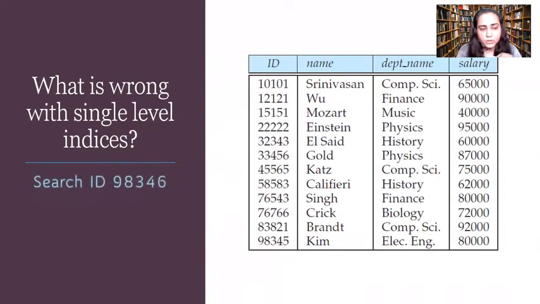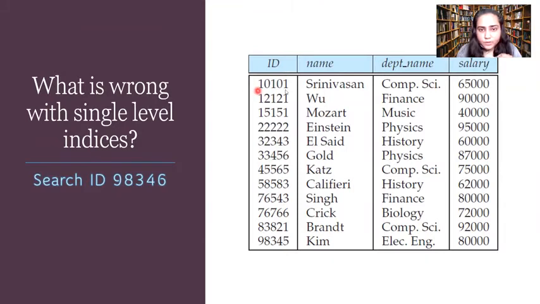But what if I ask you to search for the ID 98346? So now what you have to do is assume that this is a primary index on the ID column. And now if you want to search for this particular ID, you would have to start from the first value.